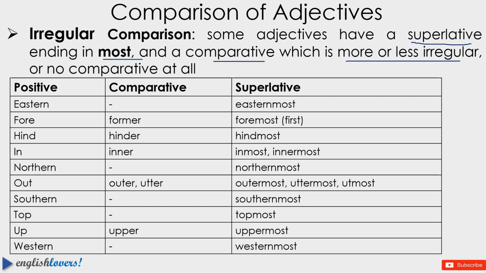So it has no comparative form and the superlative form is southernmost. The next is top. In positive degree there is no comparative to this and the superlative form is topmost. The next is up, which has comparative form as upper and the superlative form as uppermost. And the last is western, which has no comparative form and the superlative form is westernmost.